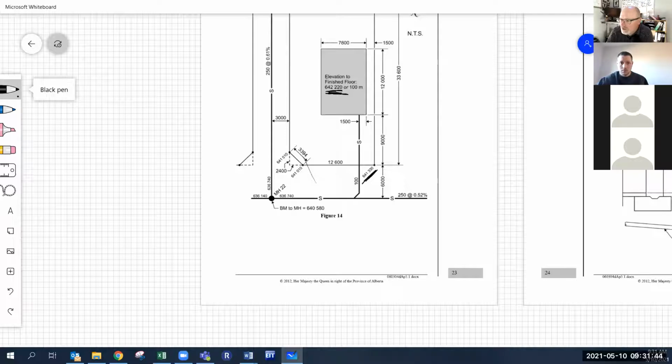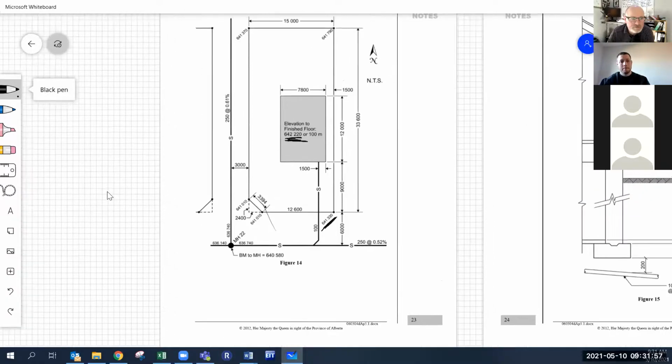Okay, next question. What is the area of the lot in square meters? Now, this is the lot we're talking about. Where is the lot? 7,800 and 12,000, right?